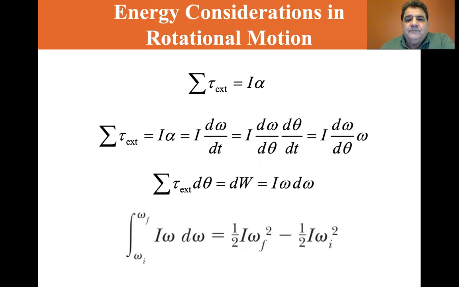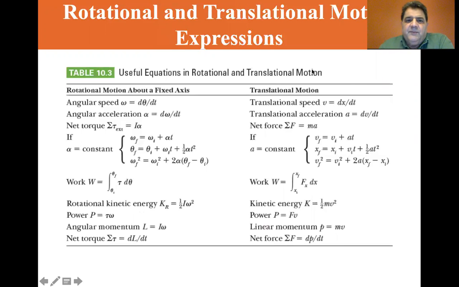So these are some comparisons of the rotational motion and the translational motion, all of which we've had. Comparison of omega angular speed and translational speed, angular acceleration and translational acceleration, net torque and net force.